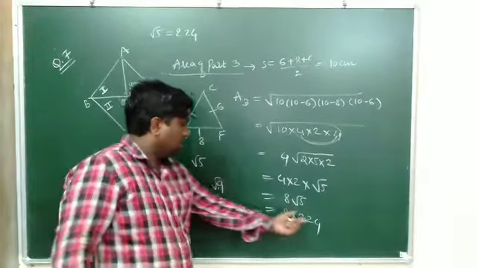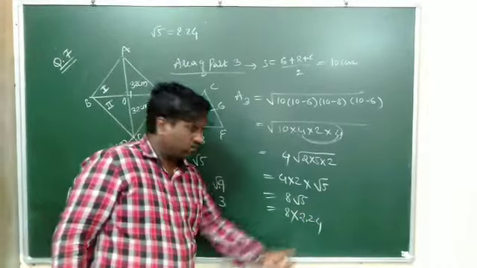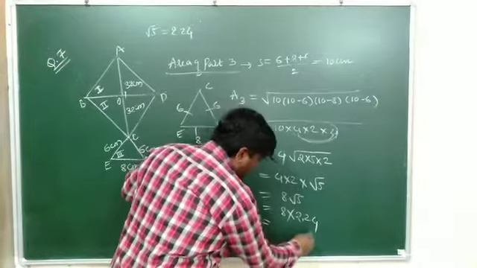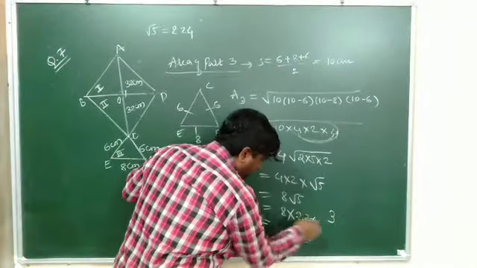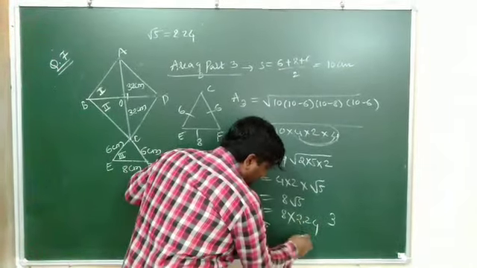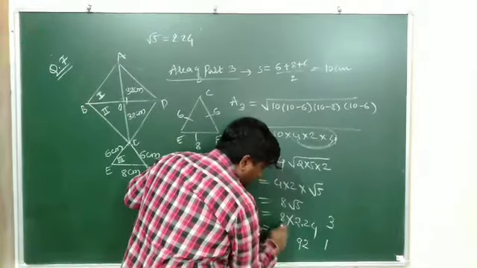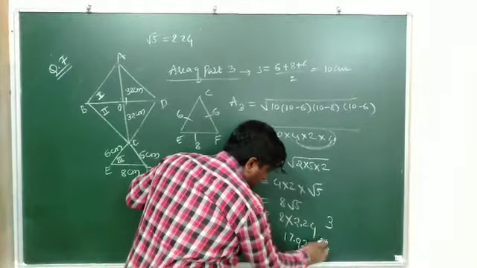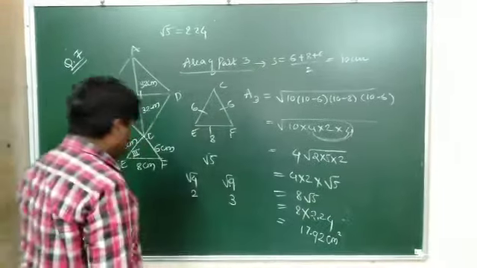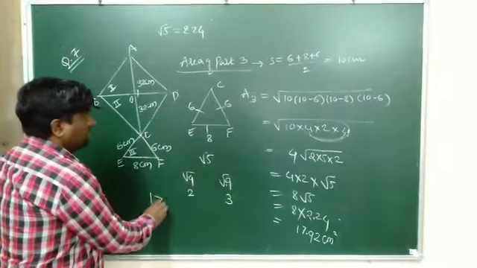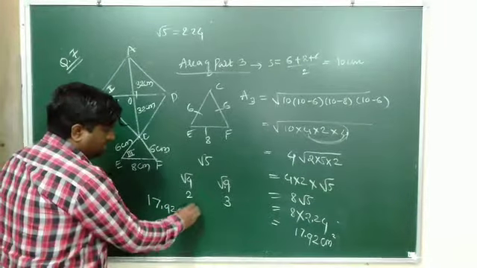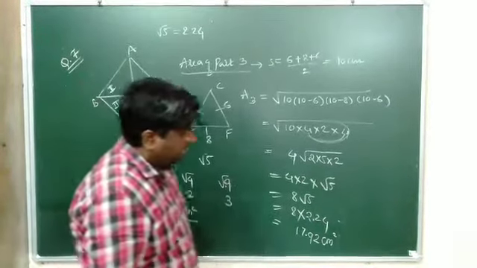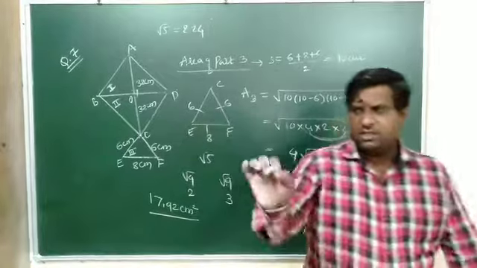On that basis, I am just imagining this as 2.24. 8 4s are 32. 8 2s are 16 and 1 carried, 17. The area of the third part is 17.92 centimeter square.